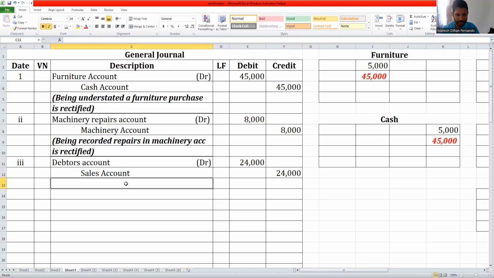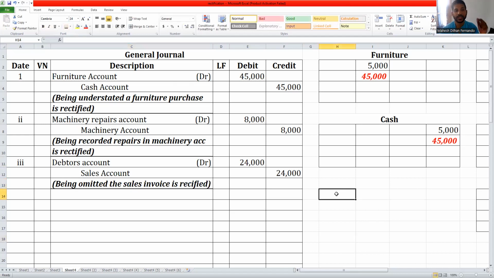The narration is written like this: we omitted the sales invoice; invoice is rectified. Briefly describe the reason for that entry.